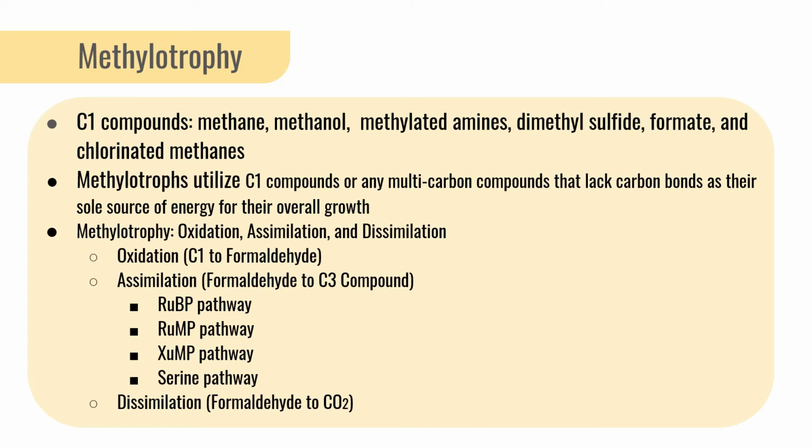Then, formaldehyde either undergoes assimilation through one of the 4 pathways, namely the ribulose bisphosphate pathway, ribulose monophosphate pathway, xylulose monophosphate pathway, and serine pathway, to produce C3 compounds that are converted to cell constituents via intermediary metabolism, or formaldehyde undergoes dissimilation to CO2.